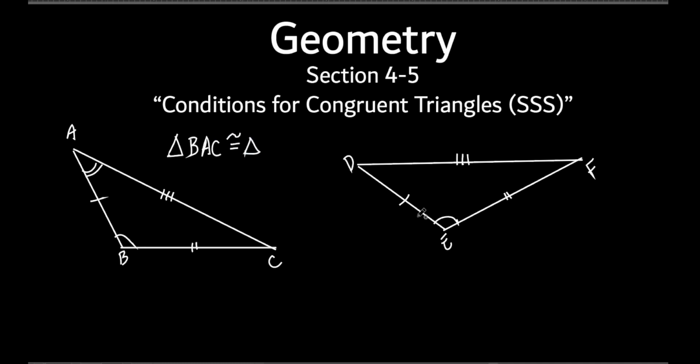So now watch. I already said that the B and the E match up. So if B is first, what's going to be first here? The E. Let's see which one the A is. The A is over here. Now, which one of these matches up with the A? It could be the D. It could be the F. It's kind of hard to tell because I flipped it around a little bit. But the way that you can tell is you can always see what's opposite that. What's opposite angle A? The 2 tick marks. So come over here. Which one has the 2 tick marks? This one. So what's opposite the 2 tick marks?